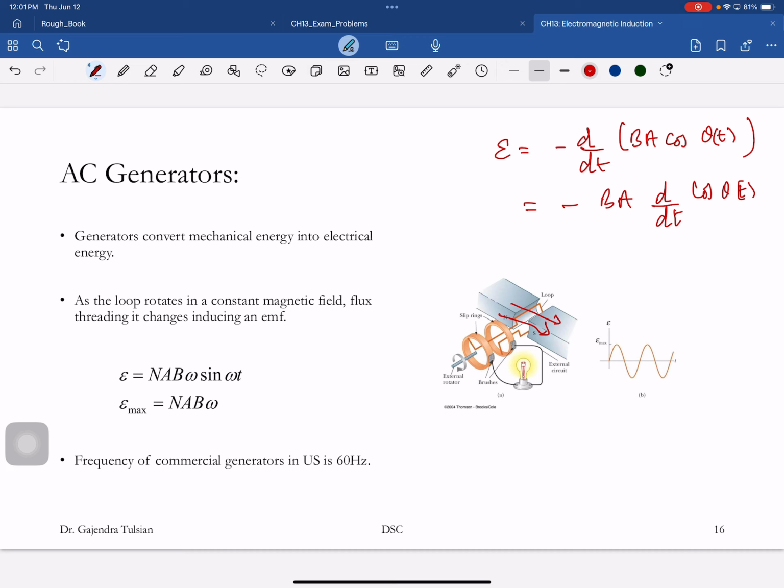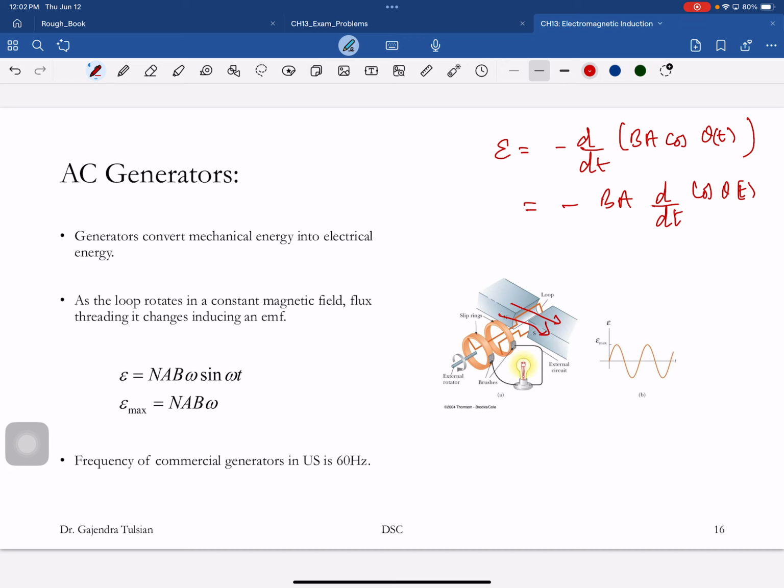Spin it. How do you spin it? Using electricity for the magnet? No. In a dam, the flowing water turns it. In a windmill, the wind turns it. In a thermal power plant, steam turbine. In a nuclear power plant, steam.